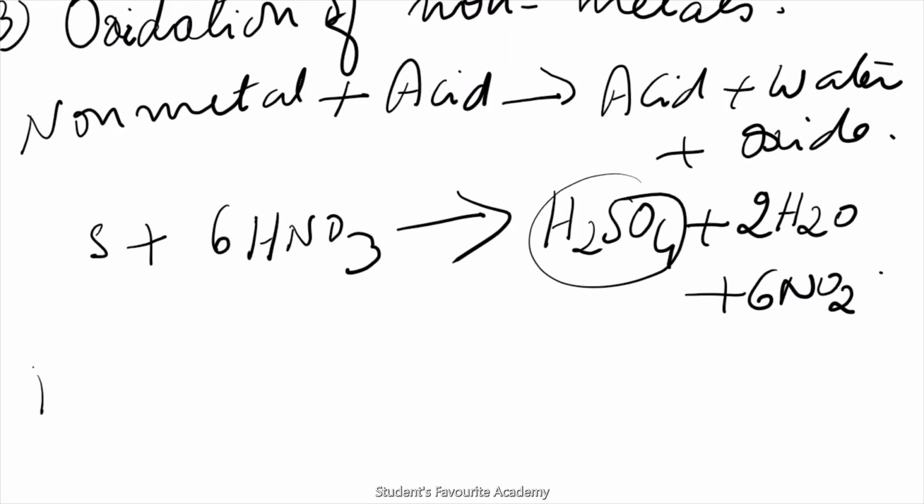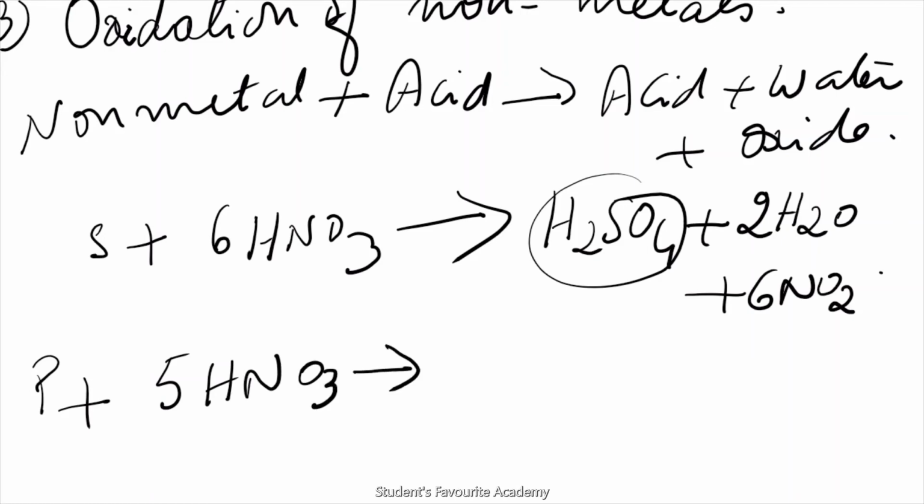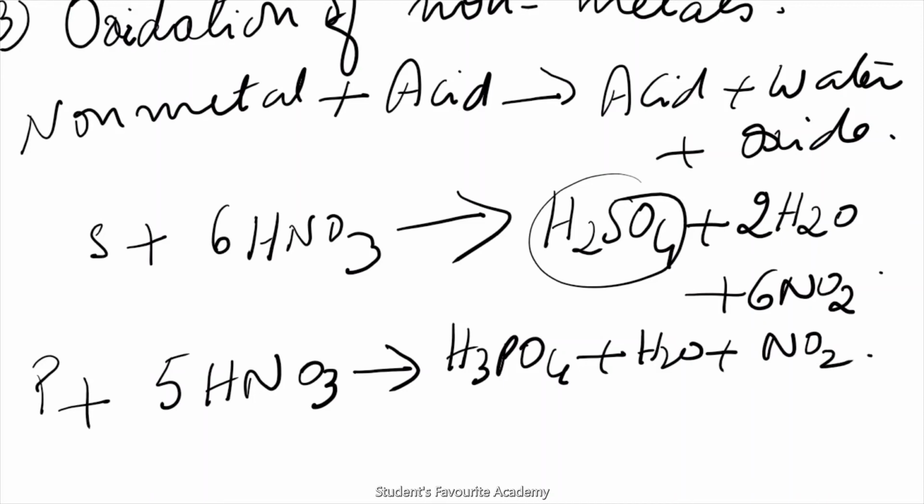Similarly, when phosphorus reacts with nitric acid you get phosphoric acid, that is H3PO4 plus water plus nitrogen dioxide. Okay, so these reactions are important.